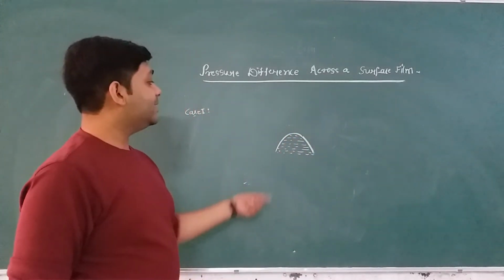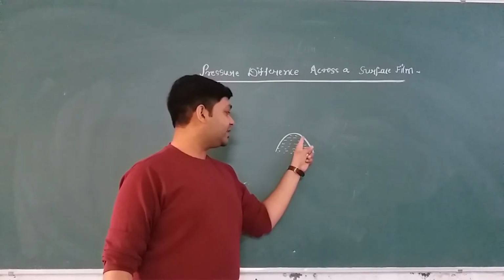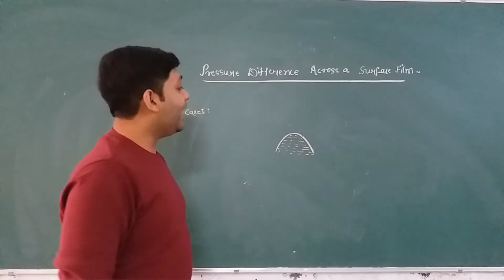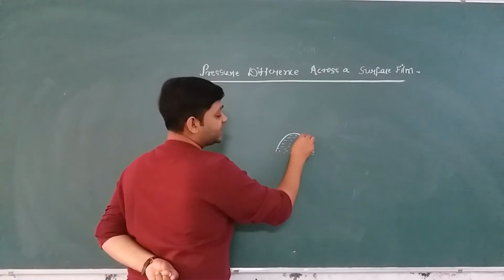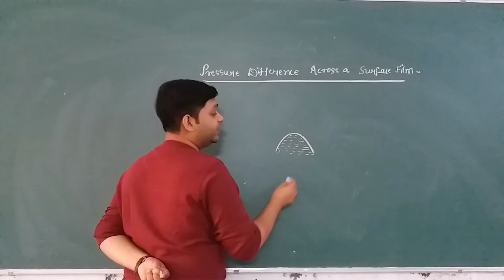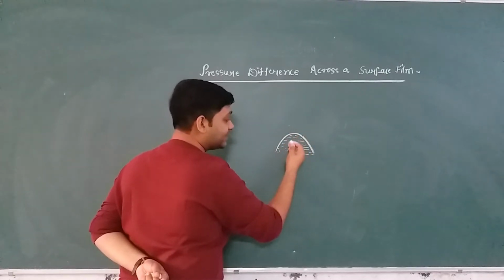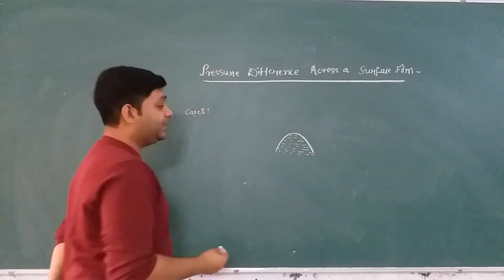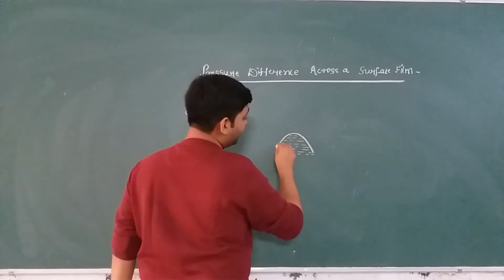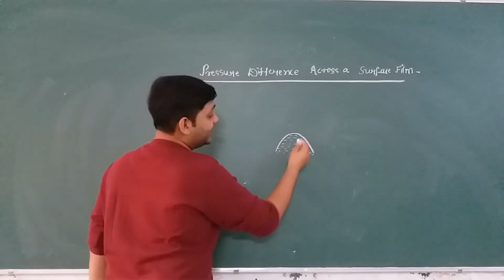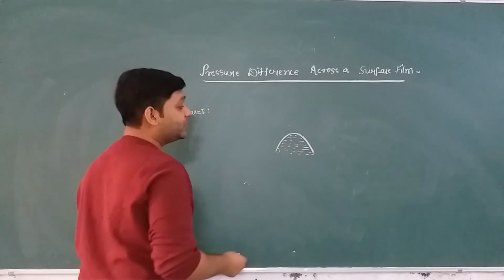Now in this case there is a component of the force of surface tension in the perpendicular direction, and because of which the molecules of the surface experience a net inward force. The molecules which are present on the surface, they experience a net inward force. Okay? So now what should happen? For the equilibrium of the molecules on the surface, this net inward force should be balanced by some other force.